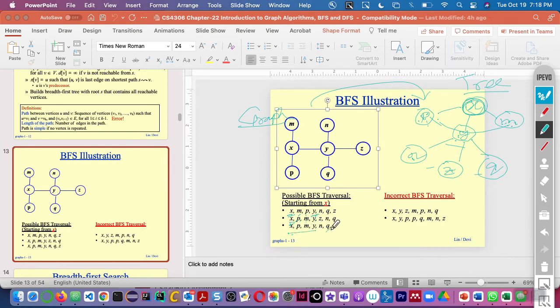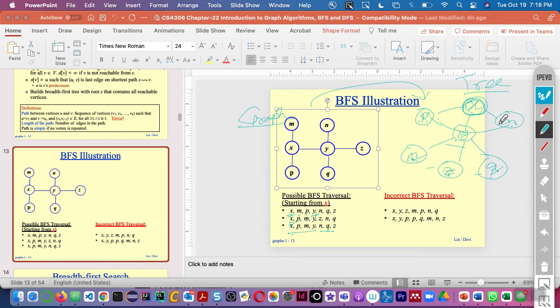The last few can be N, G, Q, or G, N, Q, or Q, G, N. If order is a factor. If there is no such factor, then it's easy. You can say, well, it's one thing, N, G, Q is fine.